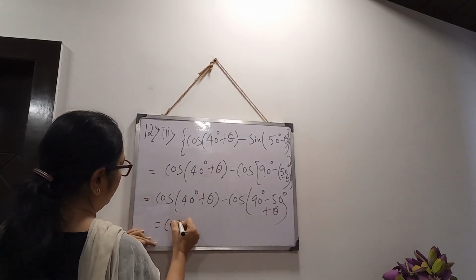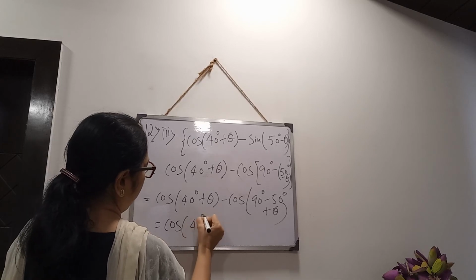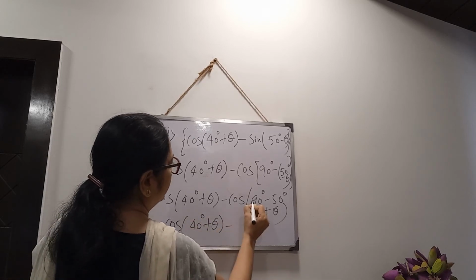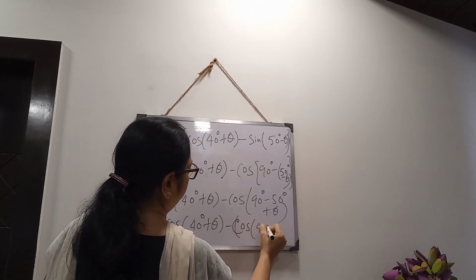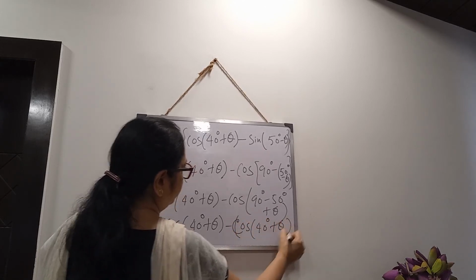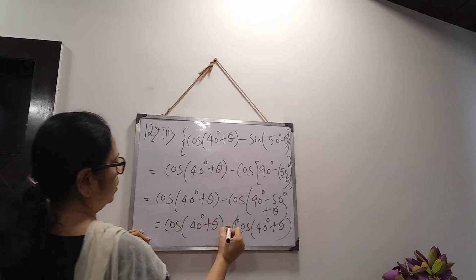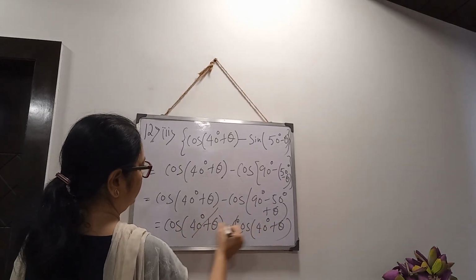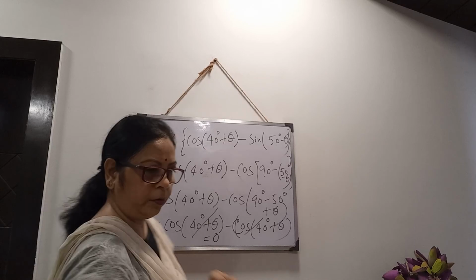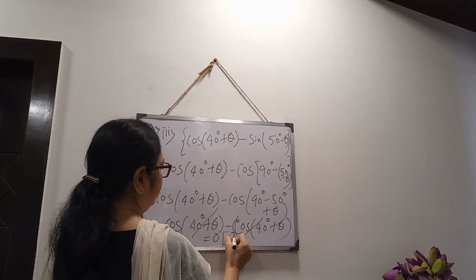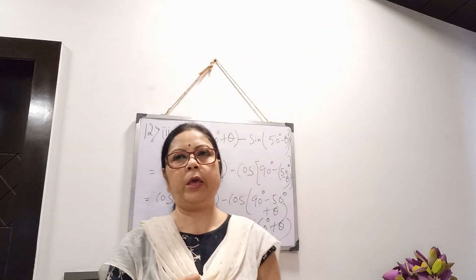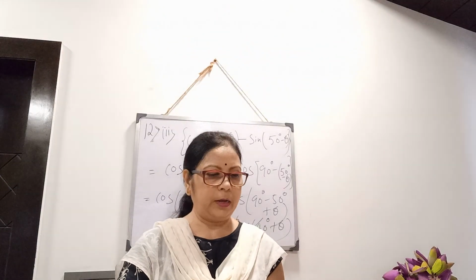So cos(40 degree plus theta) minus cos(40 degree plus theta). Now you see, the same, cos(40 plus theta) minus cos(40 plus theta), cancel out. So 0. Yes, this option is given, C. Clear? So in this way we will do. Now the next one you will get in the next video.